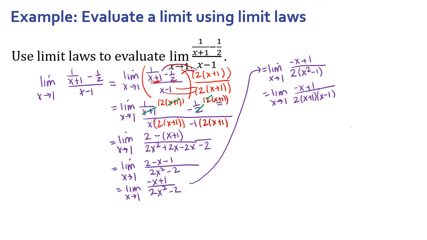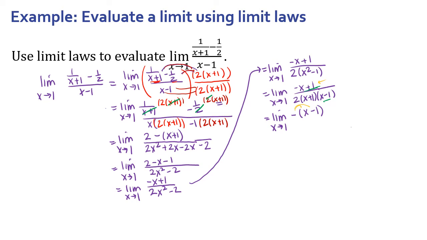However, these are eerily similar, except they're flipped. So what I can do, this is just a factoring trick, is I can factor a negative 1 out of that numerator. If I factor a negative 1 out, negative x divided by negative 1 is positive x. Positive 1 divided by negative 1 is negative 1. So you can see if I distributed this negative through, I'd get negative x plus 1, which is this. So these are equivalent.